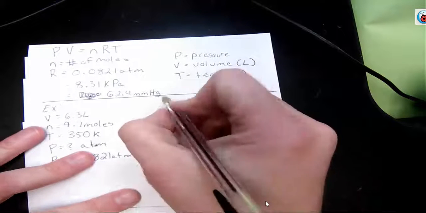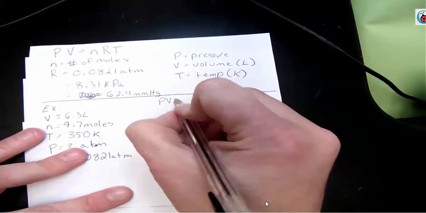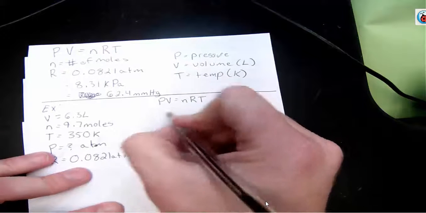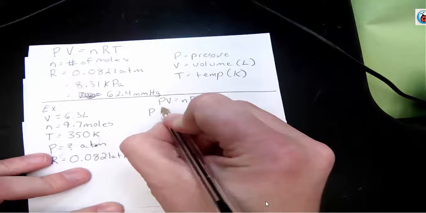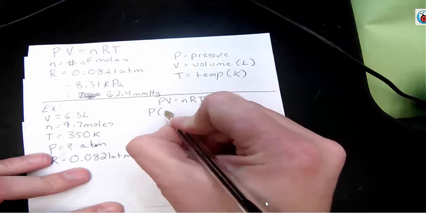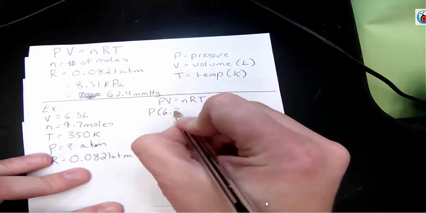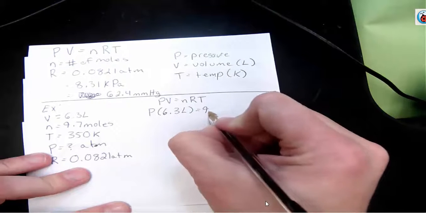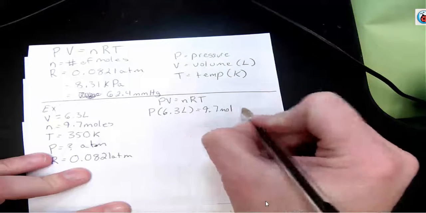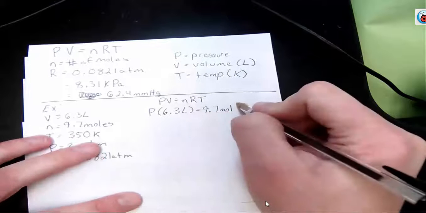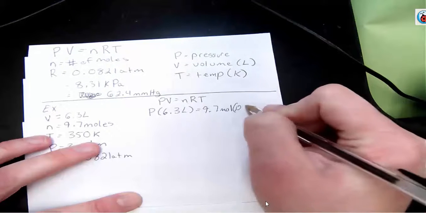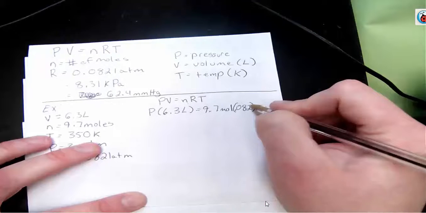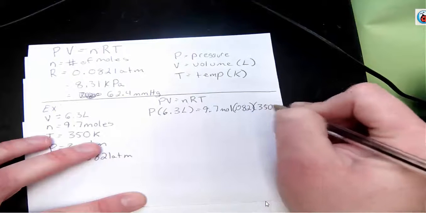So we put into our formula, PV equals nRT. We're looking for the pressure, 6.3 liters is our volume, 9.7 moles, 0.0821 is our gas constant, and our temperature is 350 Kelvin.